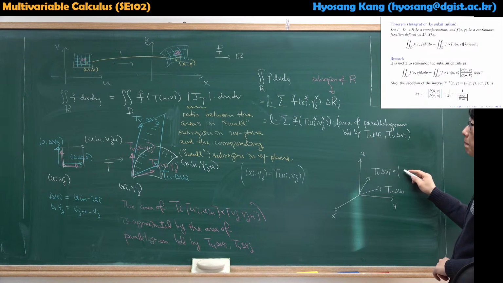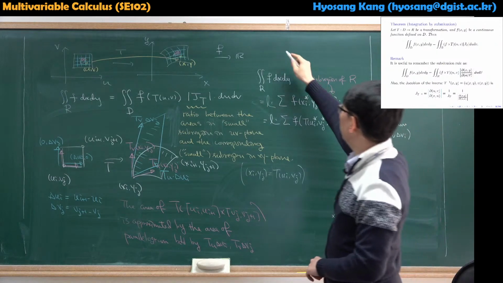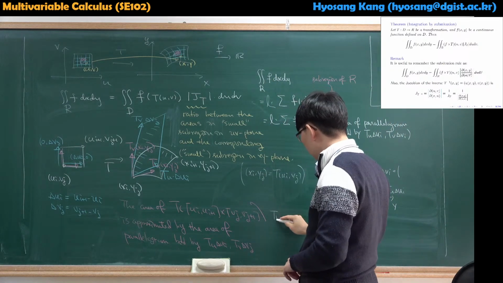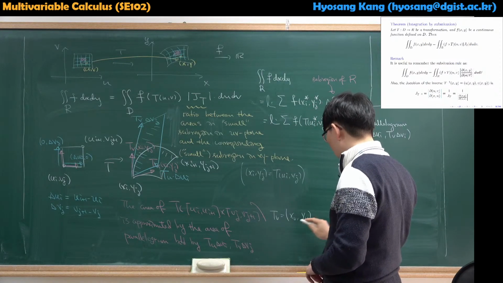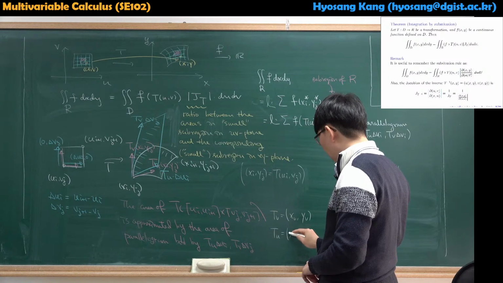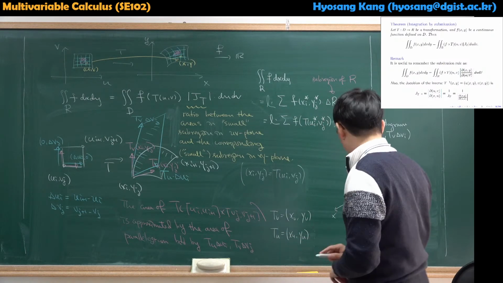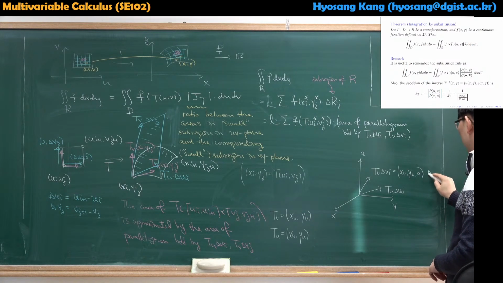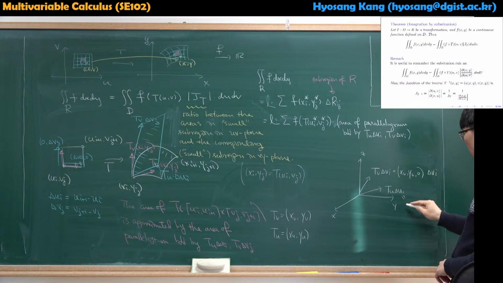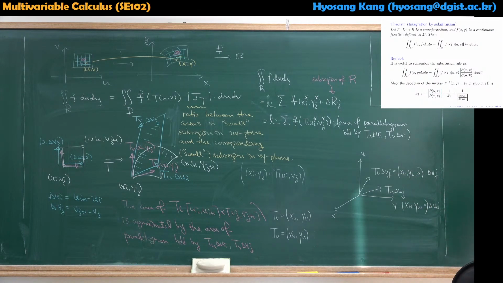First, we have Tv equals xv and yv, and Tu equals xu and yu. So here we have xv, yv, 0 times delta vj, and this guy is xu, yu, 0 times delta ui. Sorry, this is j and this is i. Okay.